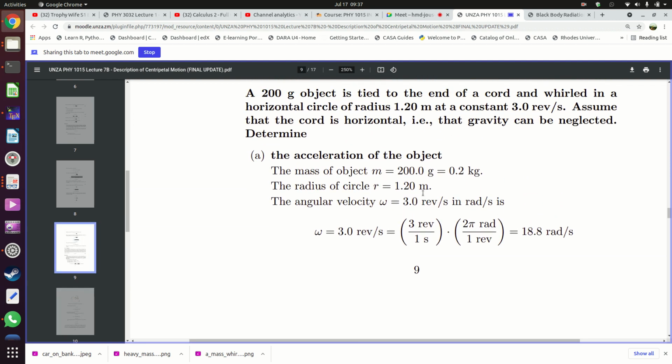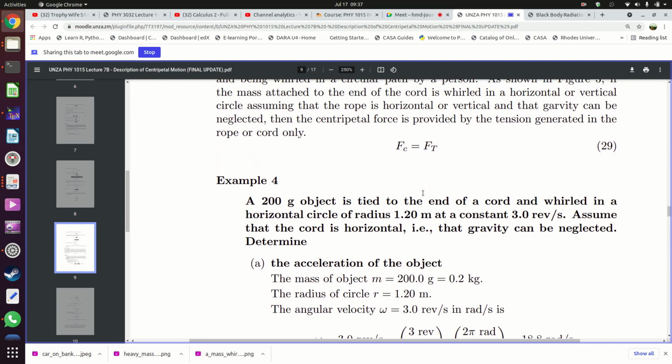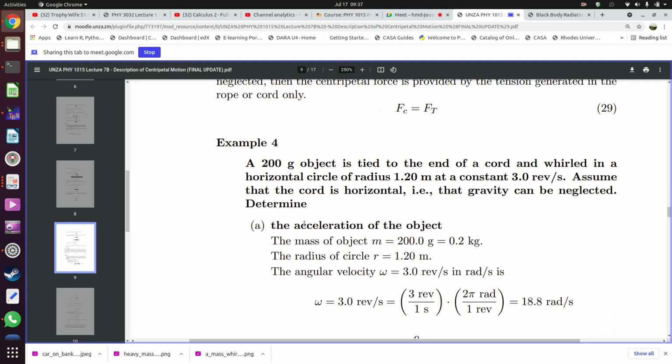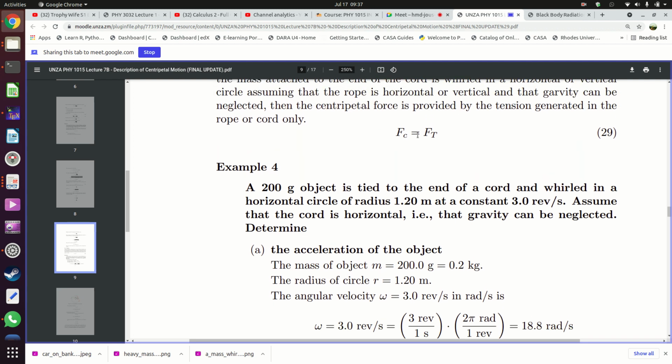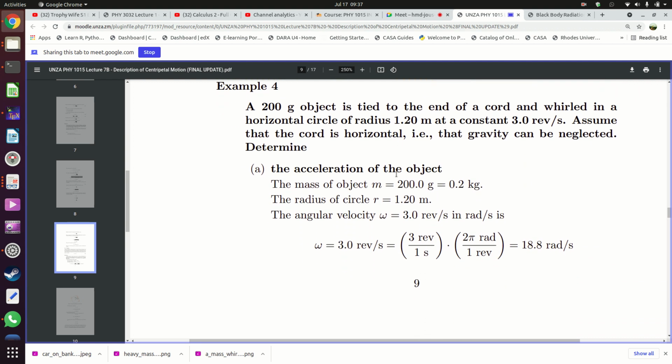So we need to find what the centripetal force is, since we know the mass of the object being rotated in a circle, and we know that the centripetal force is being provided by the tension. So we can work out the tension. We have how fast the object is moving in a circle: 3 revolutions per second, but we do not do calculations in revolutions per second.